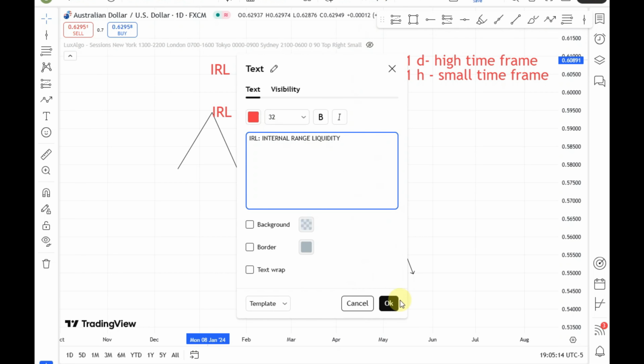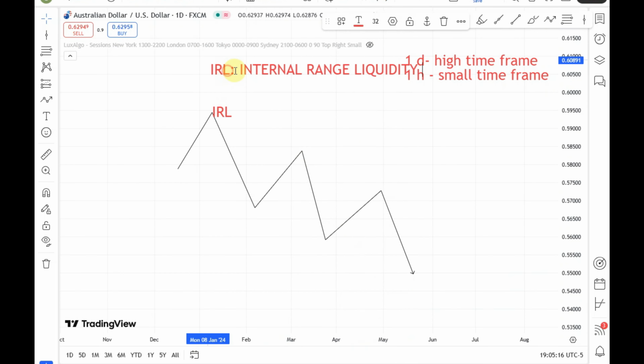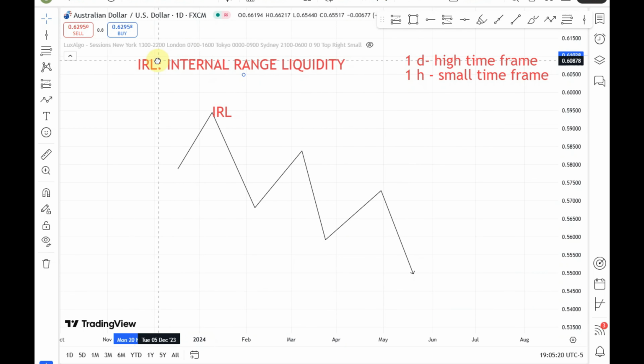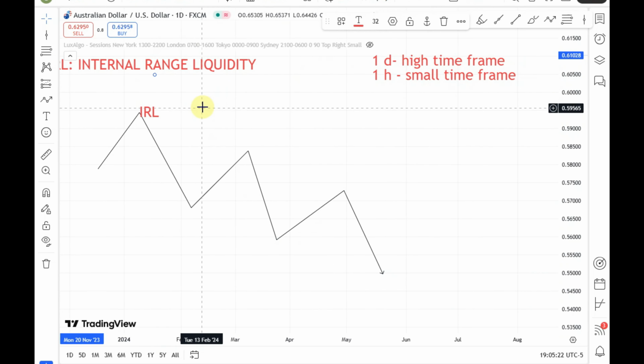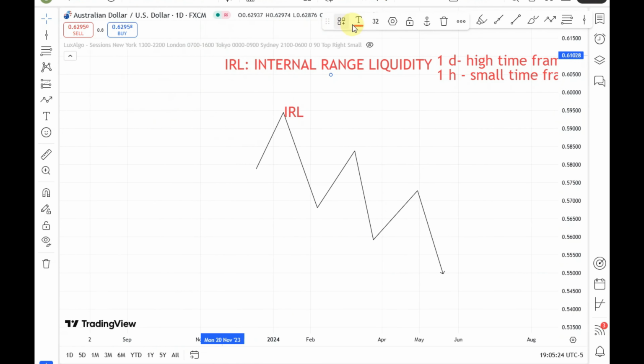Then ERL stands for external range liquidity.